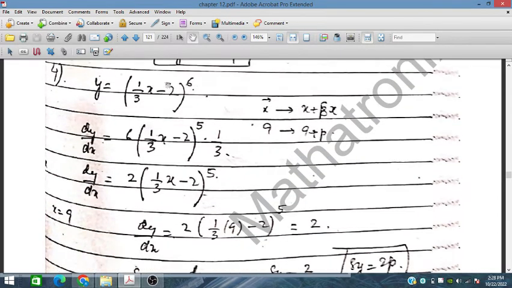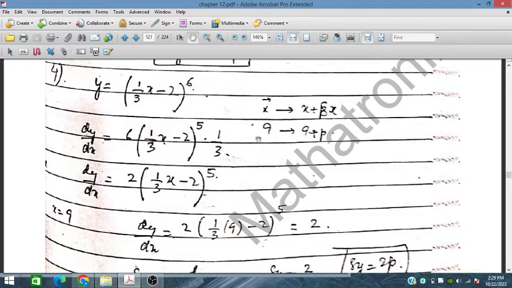So this is delta x, and x plus delta x is equal to 9 plus p. So we will take the differential of this one. So this is 6, times 1 over (3x minus 2), and then this one is 1 over 3. So we get dy by dx is equal to 3 times 6 times 1 over (3x minus 2) power 5.